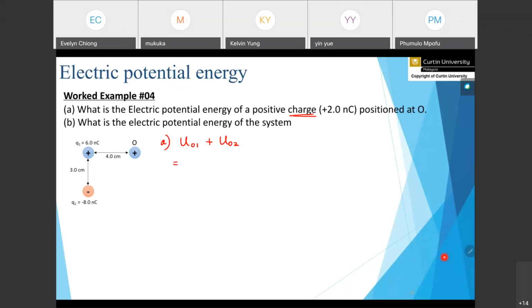Okay, so we write down: K QO Q1 over R O1, plus K QO Q2 over R O2.